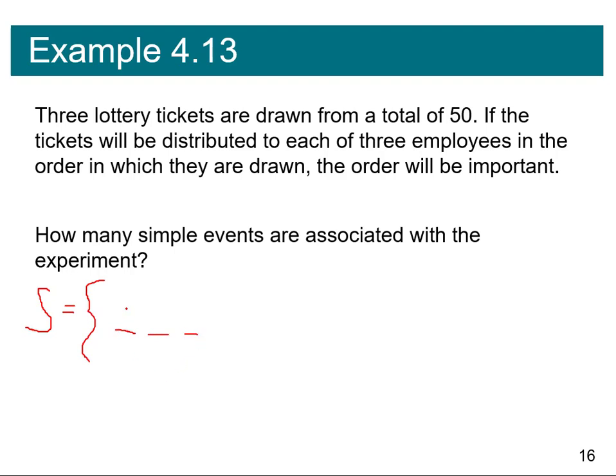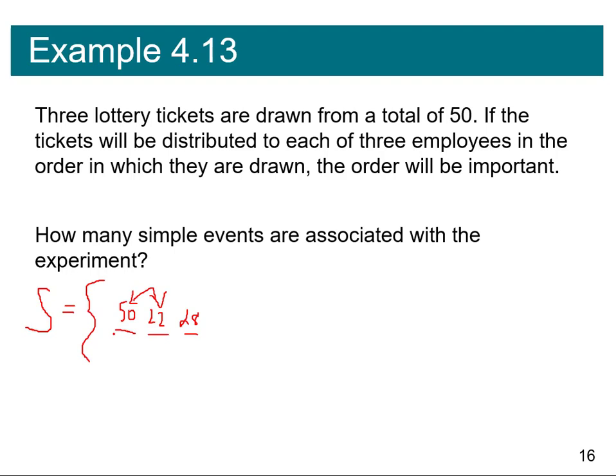It's possible that employee 1 will get ticket number 50, employee 2 will get ticket number 22, and employee 3 will get ticket number 28. Is that different if we swap these 2? Yes, that's different, because suppose 22 is the winning ticket, then in this case the second employee gets the winning ticket, and in the other case, this employee gets it.